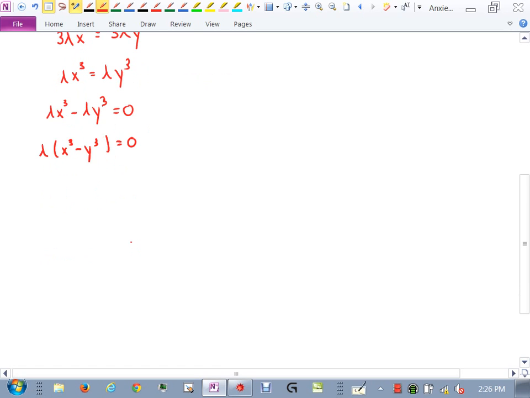What else? We know that lambda being 0 would make that true. And then we know that x cubed minus y cubed would make that true.